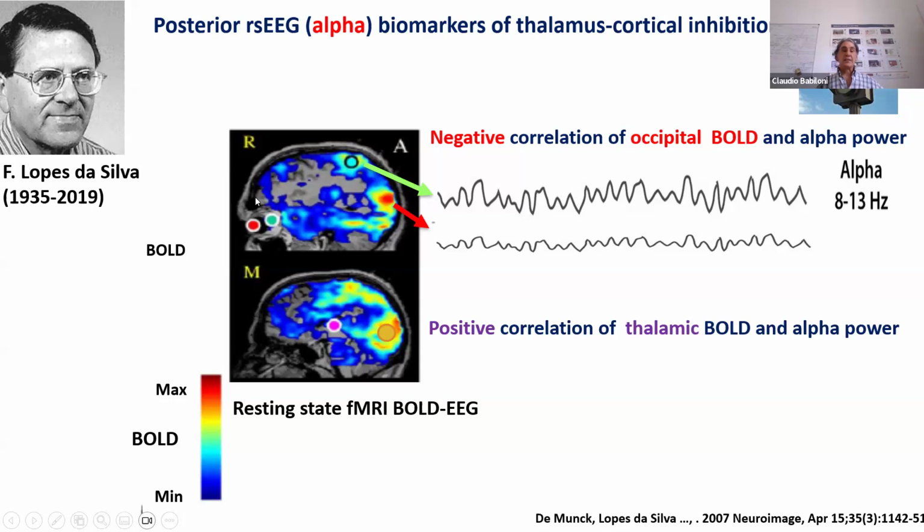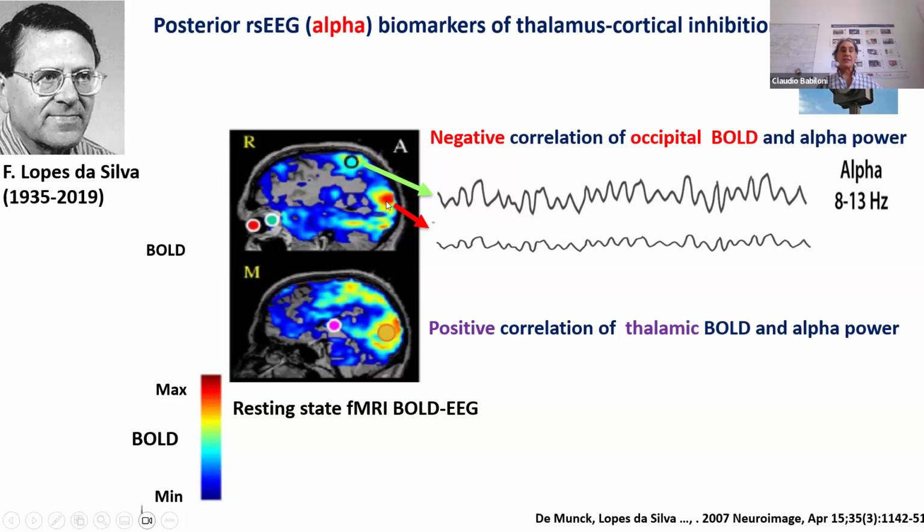And you see that in this magnetic resonance imaging, in gray, you have the results of structural volumetric sequences. And in color, in blue and red, you have the representation of the bold signal of the functional magnetic resonance imaging. Red means high bold signal. Blue and black indicate low bold signal.